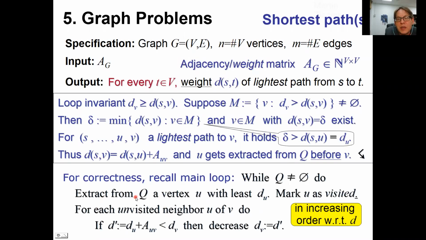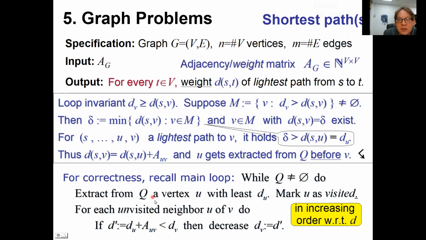That's a property of being a priority queue, extracting the vertex with least key value, and the key value of this vertex U is strictly less than the key value of the vertex V. You see these properties, right? Which means that the extract-min operation, whenever it extracts the vertex V to calculate its distance, will have first extracted the vertex U.